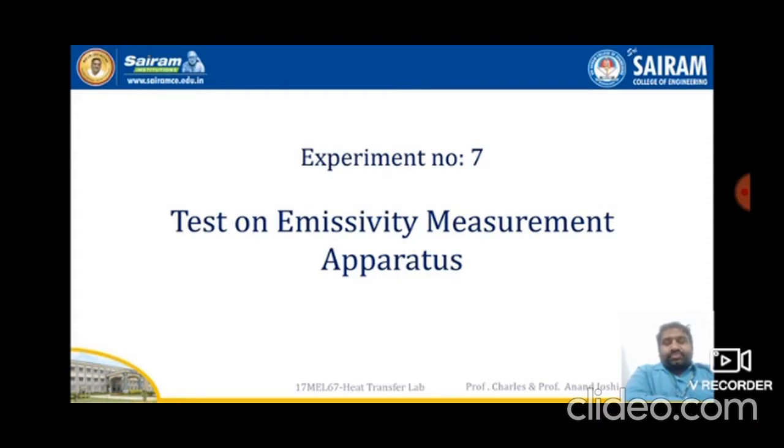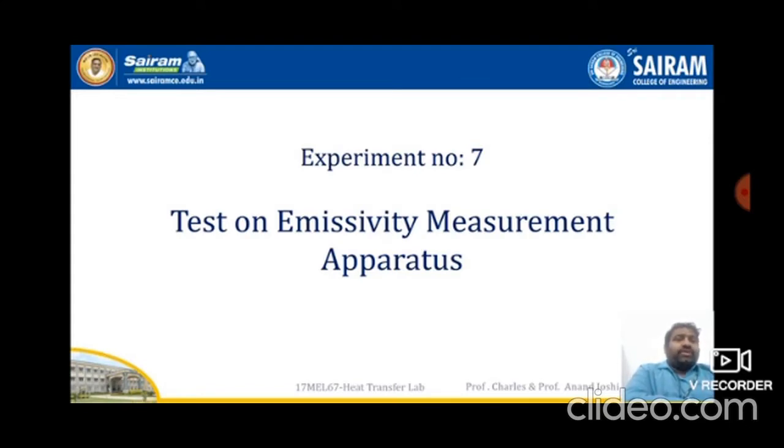Suppose an object has an emissivity of 0.6. It would emit 60% of the energy that a black body would under the same conditions. For a black body the emissivity is 1, that is 100%. Other than a black body, all surfaces have emissivity less than unity.